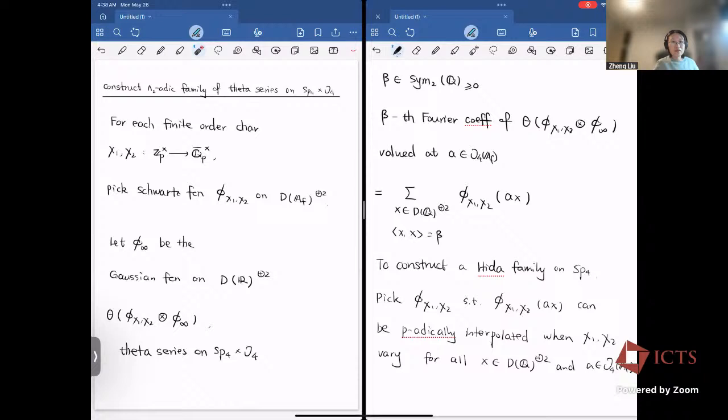And this is actually a very mild condition. For example, you can just pick a function that is constant, and then certainly you can p-adically interpolate it, and you will be able to get a family of Q-expansions.